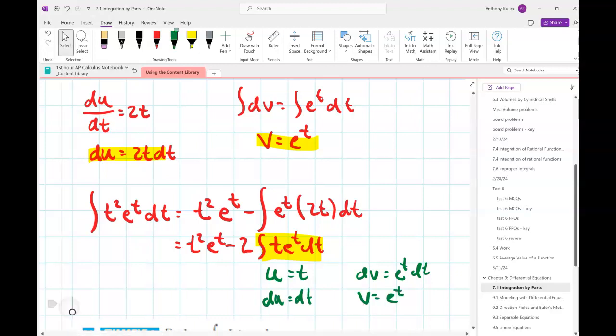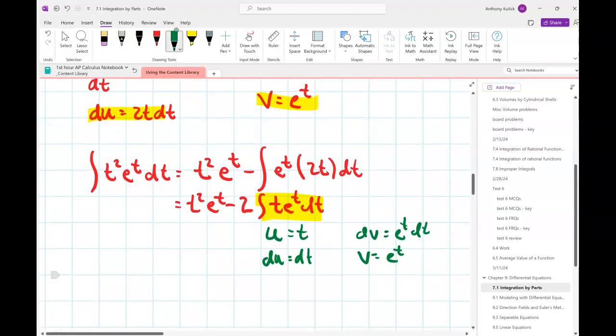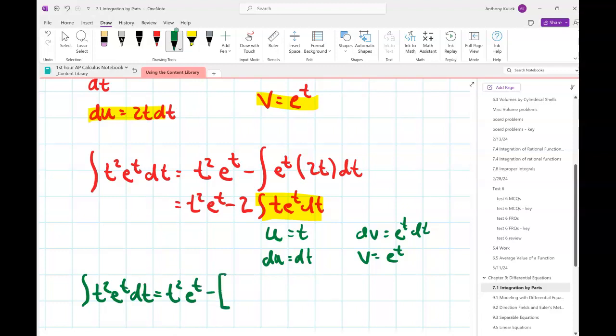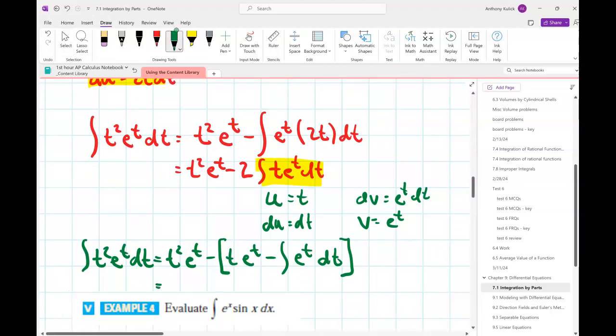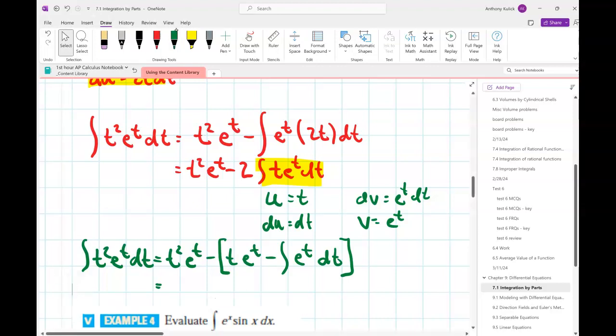If we recopy what we have, so we're going to have uv minus the integral of v du, and that is just going to be e to the t.